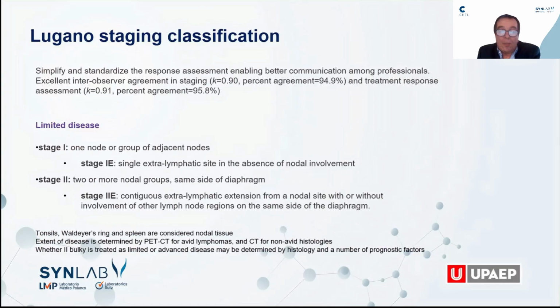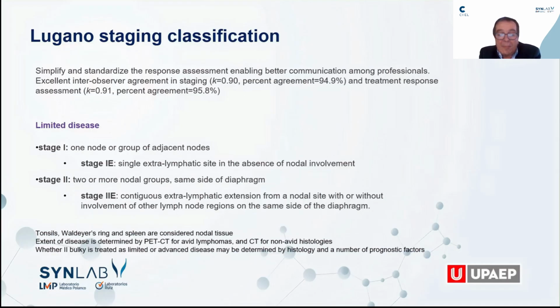In the Lugano staging classification, which is routinely used, the tonsil, Waldeyer's ring, and the spleen are considered nodal tissue. Moreover, the extent of disease is determined by PET for glucose-avid lymphomas and by computed tomography in non-glucose-avid lymphoma.